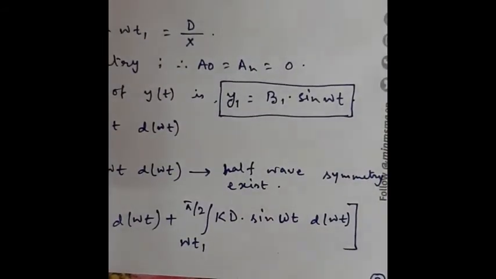If we break the limit into 0 to omega t1 and omega t1 to pi by 2, we will get two functions. So the equation will become 4 by pi integration 0 to omega t1 kX sin square omega t d omega t plus integration omega t1 to pi by 2 kd sin omega t d omega t.